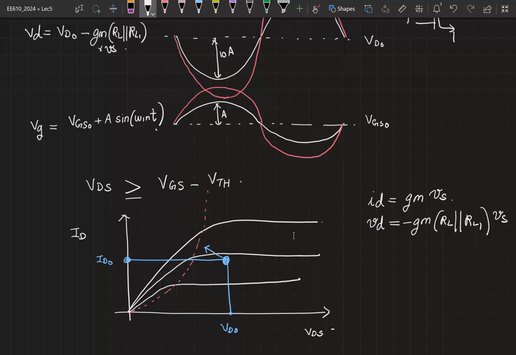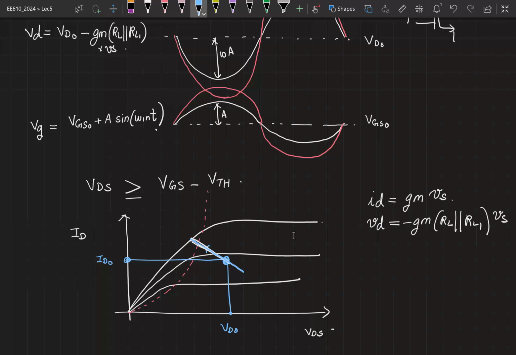With what slope? GM is common in both the expressions, right? Is it minus RL parallel RL1 or minus 1 by? So this is ID versus VDS curve. So if you do dou ID by dou VDS, you shouldn't get a resistive component.